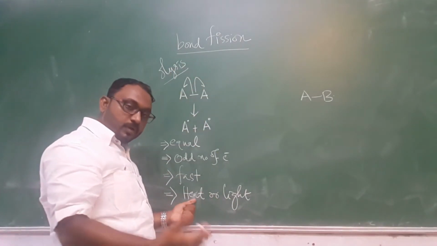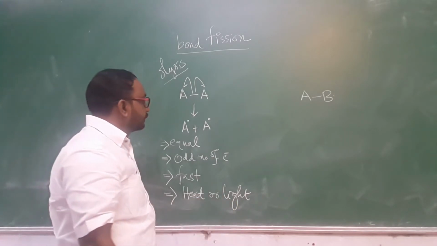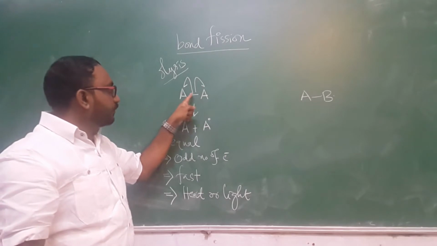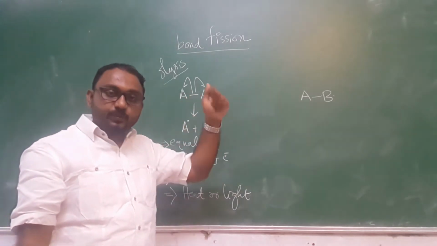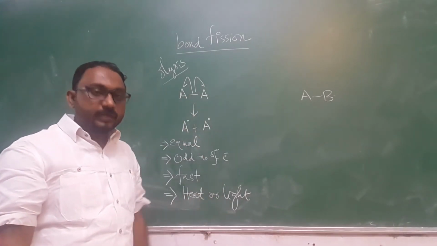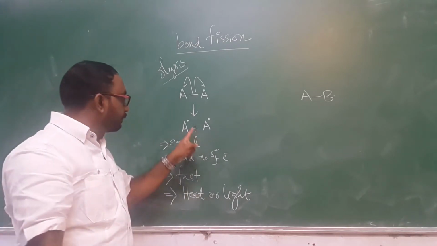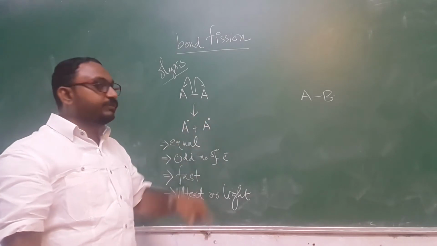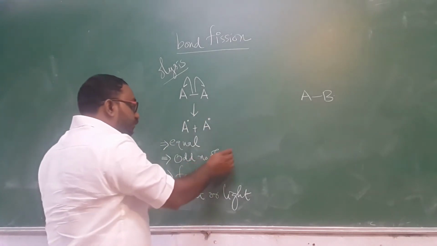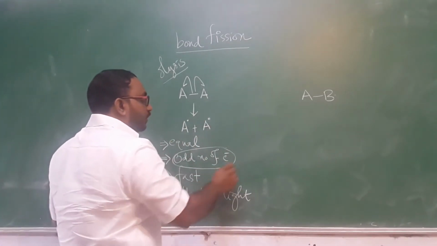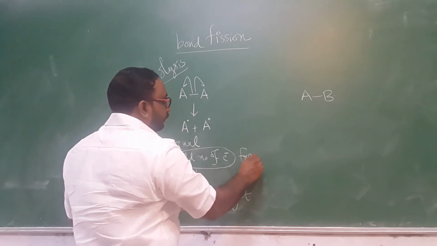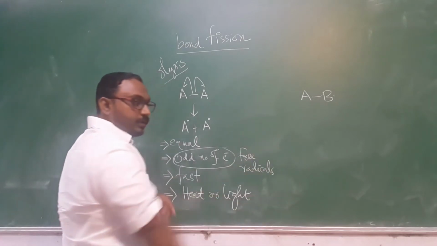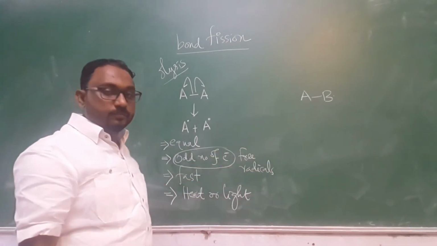So heat, thermolysis, or light, photolysis. There is a pair of electrons between these two atoms, which is why they are together. That is what we call a bond. A bond has a pair of electrons, and the pair is divided equally, so there will be the formation of a species having an odd number of electrons, which we call free radicals. Free radicals are getting formed.